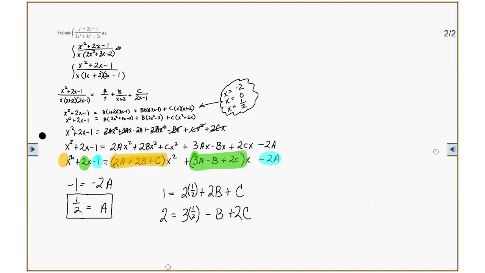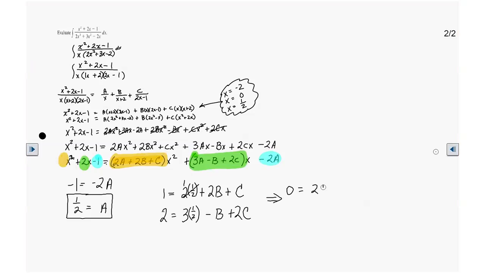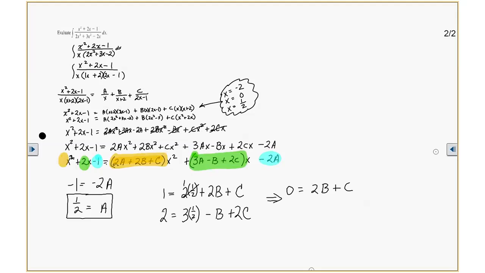And now we get, well, that cancels out to be what, 1? And then bring this over, what do you get, 0? 0 is equal to 2b plus c. And this is 3/2.